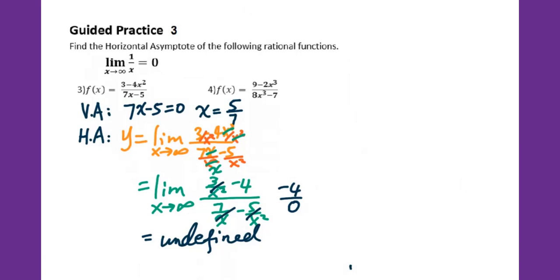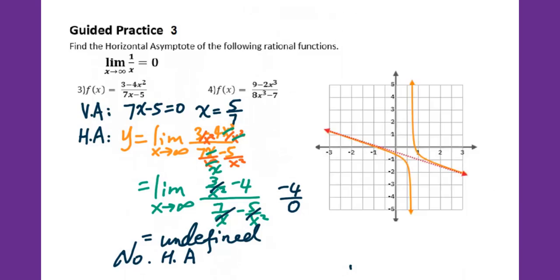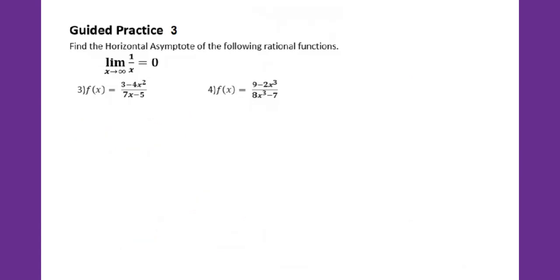In other words, there is no horizontal asymptote line for number 3. This is how the graph looks. You could see we have an oblique asymptote line. We don't have a horizontal or vertical asymptote line for this rational function.